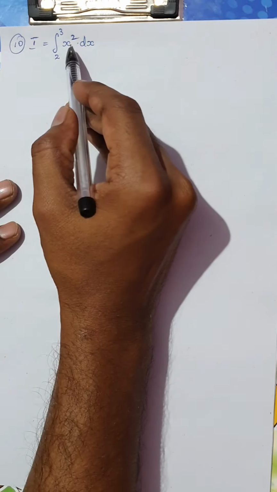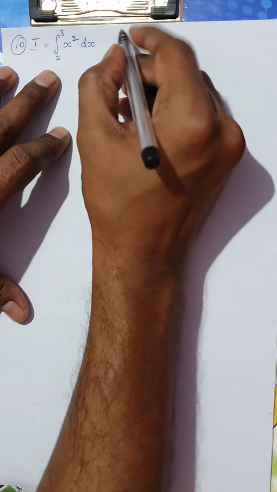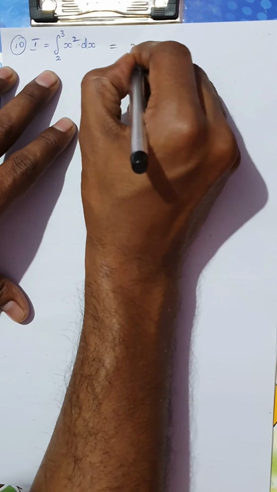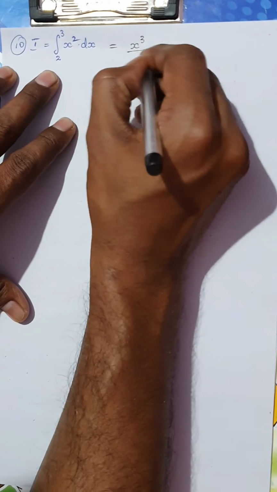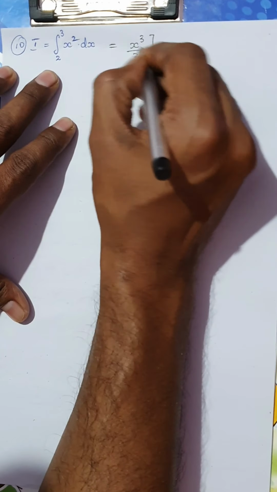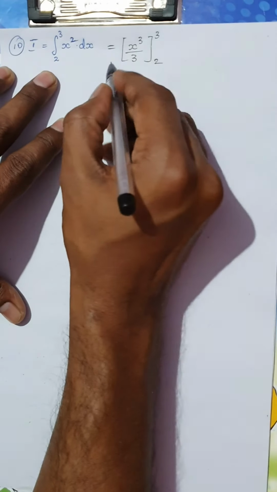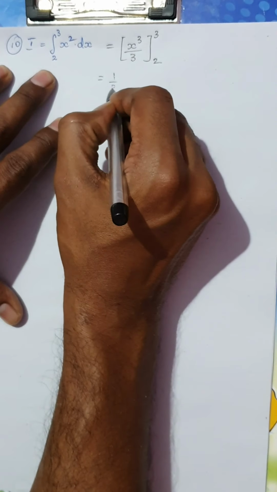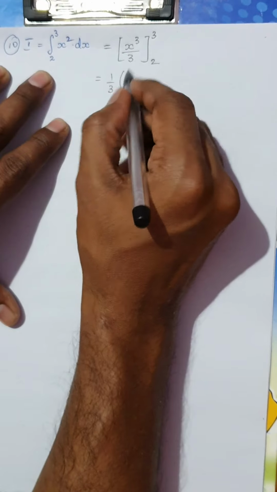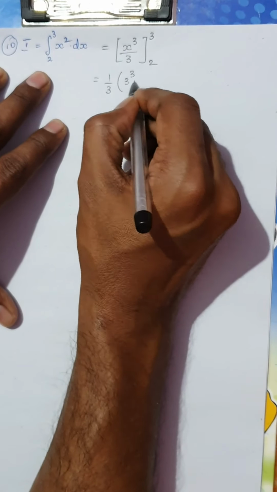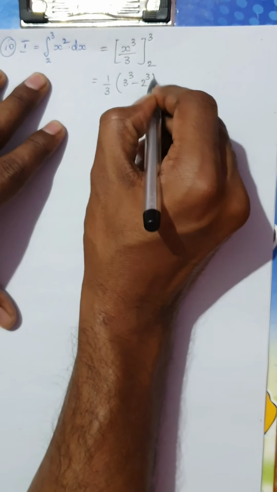Well, the next integral we have is integral of x square within the limits 2 to 3. What is integral of x square? We know integral of x square is x cube divided by 3 within the limits 2 to 3. If you apply the limits, 1 by 3 is a constant, keep it as it is. So it should be 3 cube minus 2 cube, right?